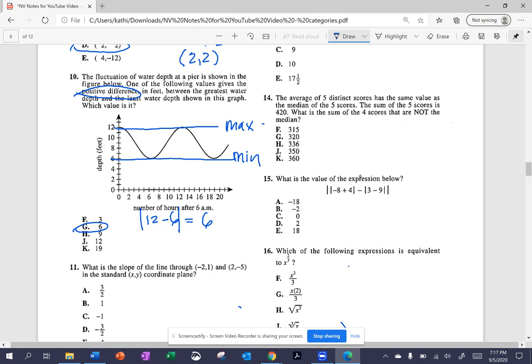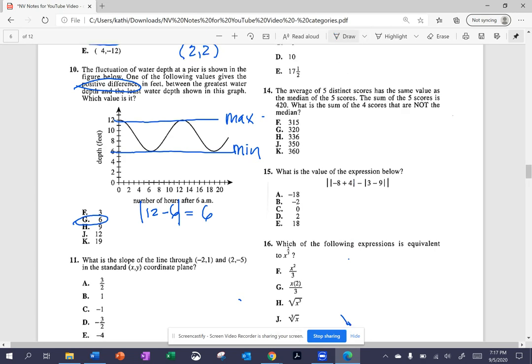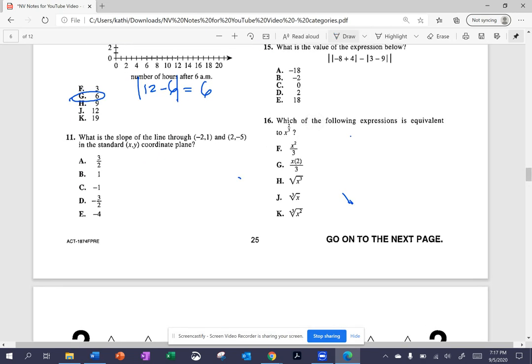Let's try 11. What is the slope of the line through -2, 1 and 2, -5 in the standard xy coordinate plane? So I know slope is y2 minus y1 divided by x2 minus x1.